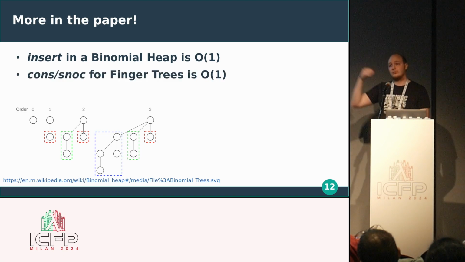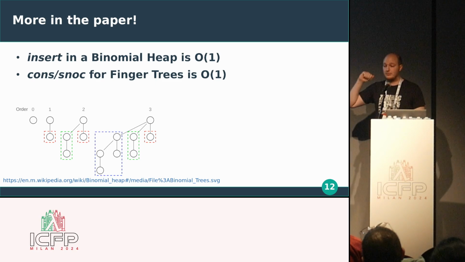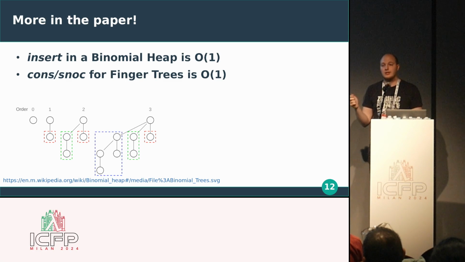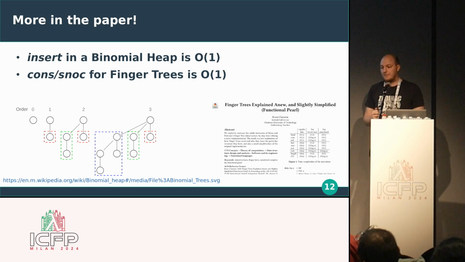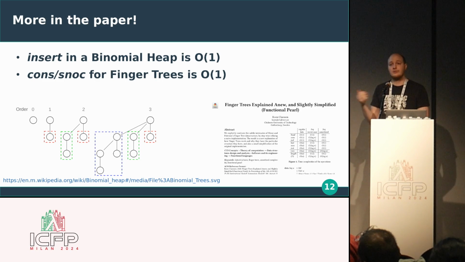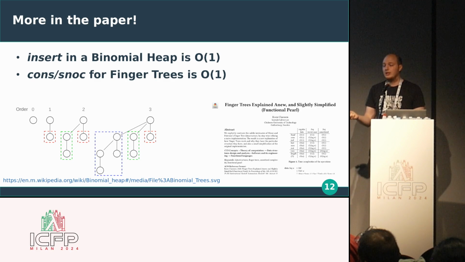And then to go to the more complicated end of the spectrum with finger trees, cons and snoc for finger trees, so adding an element on either side or removing an element on either side of a finger tree, like defined in Data.Sequence, is constant time amortized. And so the implementation of finger trees that I chose to formalize is not actually the one from containers, but the one that was presented a few years back that is simplified.